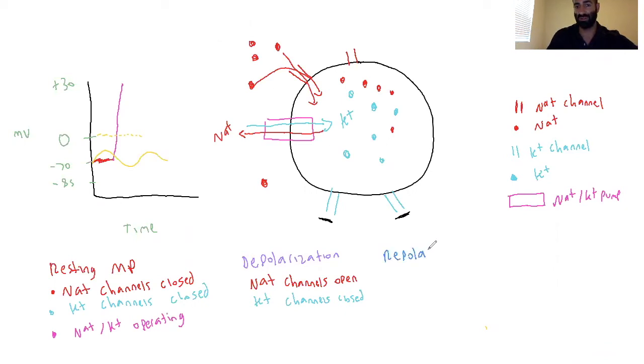So what we're going to do now is we don't want sodium to come in anymore, so we're going to close the sodium channel. Keep in mind the sodium is still in the cell, but now the channel is going to close, so no more sodium can come in. So the sodium channels are closed.